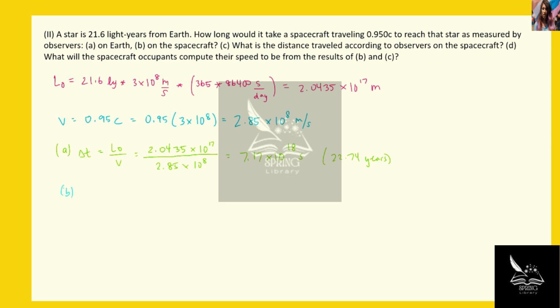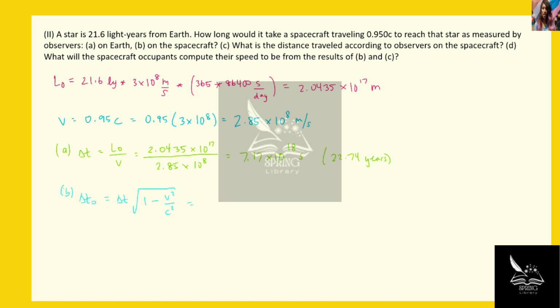Well, great. Now let's take a look at the time on the spaceship. That's delta t naught. And we can find that with delta t multiplied by the square root of 1 minus v squared divided by c squared.